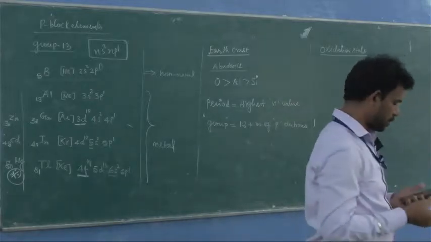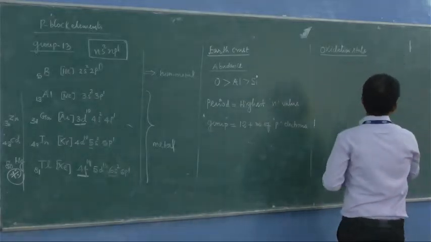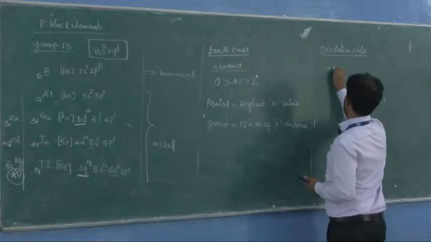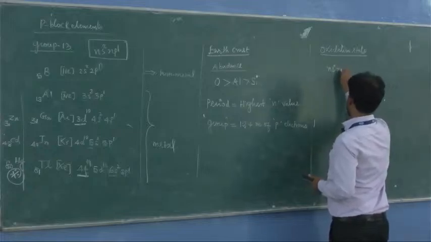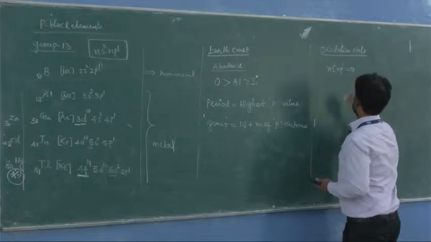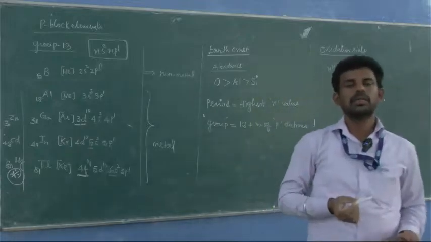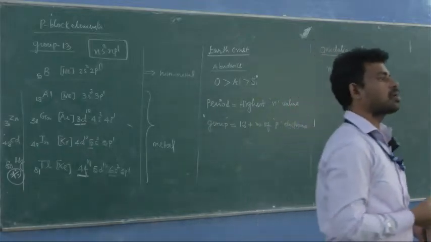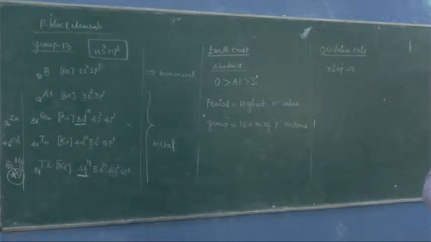Please note this. What is the electronic configuration? ns2 np1. So what oxidation states are possible for group 13 elements?